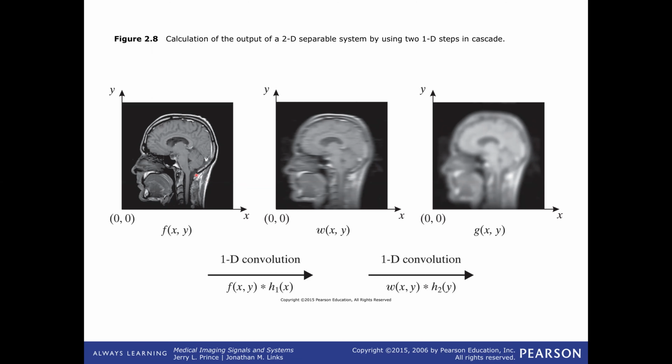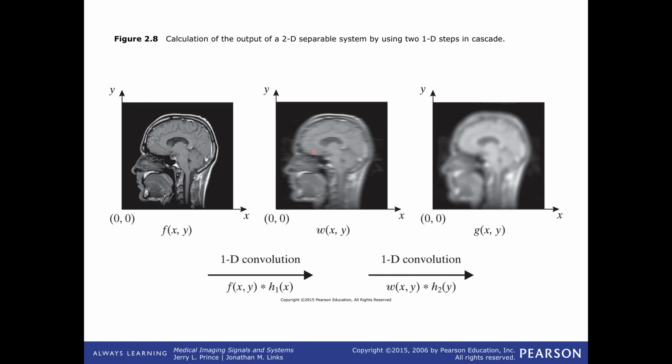When we look at this brightness and we say, okay, let's do a 1D convolution of this thing with h1(x). So we take basically each y value, or each row of this image, and I do a convolution with h1. And that's going to blur us in the x direction. We get this as the output.